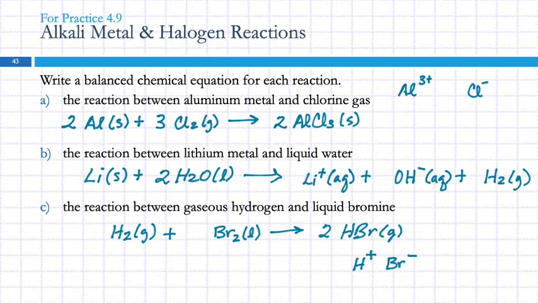So that's going to give me 4 hydrogens, which is closer to 3 hydrogens, but it also changed the oxygen. So let's fix oxygen before we finish the hydrogen. Now I've got 2 oxygens. Over here now I only have 1. So I'll put a 2 in front of that to rebalance the oxygens. And now I can look at the hydrogens. There's 2 hydrogens and 2 hydrogens, which is 4, and ta-da, there's 4 over there.